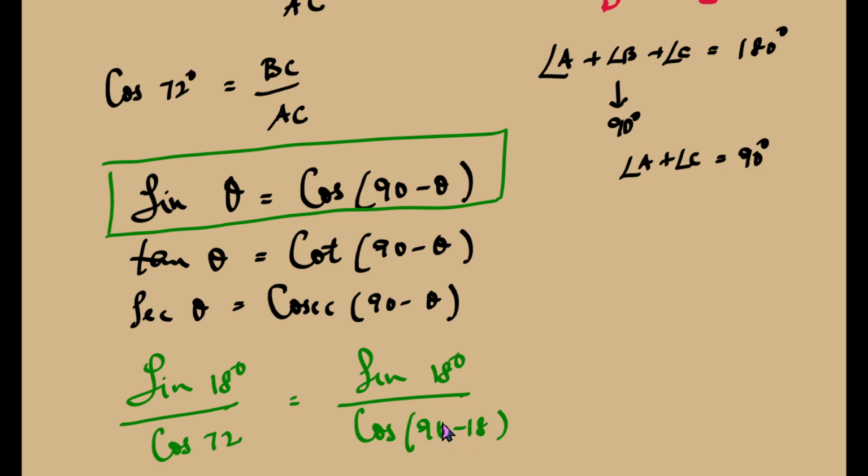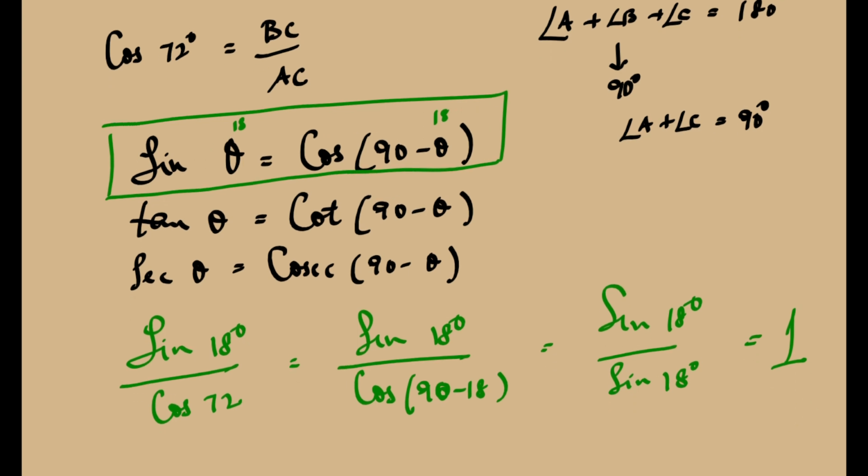Because 72 is 90 minus 18. So it's cos of 90 minus 18, meaning this theta is 18. So it is equal to sine 18, right? So sine of 18 degrees, once again, by the denominator also has sine of 18 degrees. So this is equal to 1. So using complementary angles also, we have arrived at the ratio sine 18 by cos 72 being equal to 1.